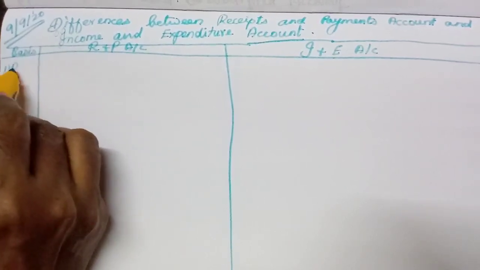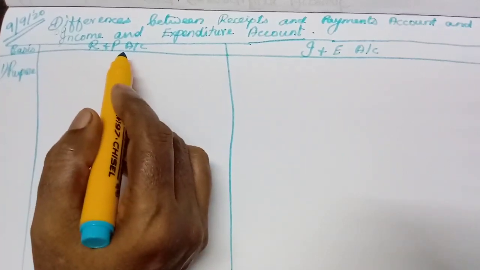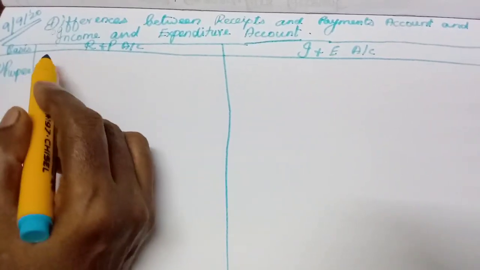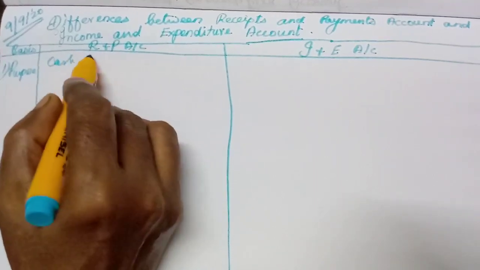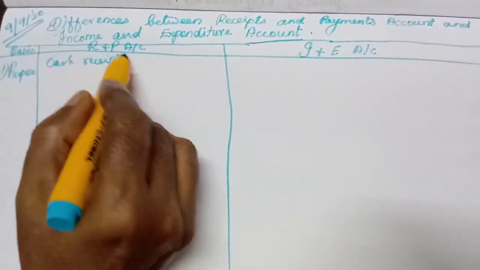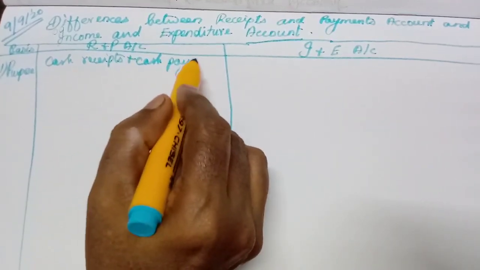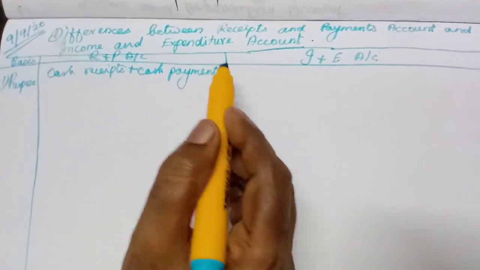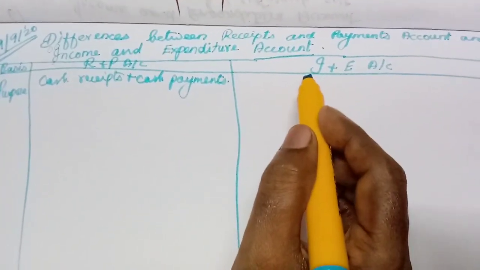We know for which purpose we are preparing this receipts and payments account. So to know the cash receipts and cash payments. Then what is the purpose of preparing income and expenditure account?